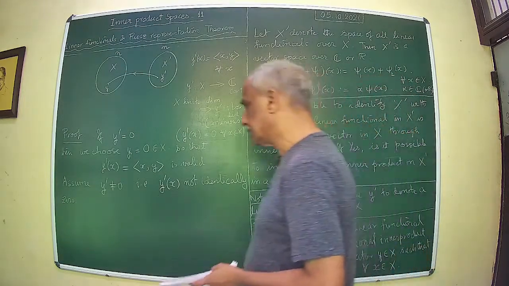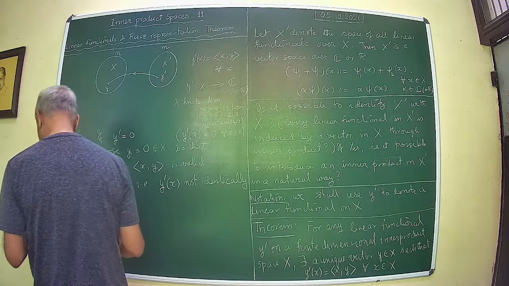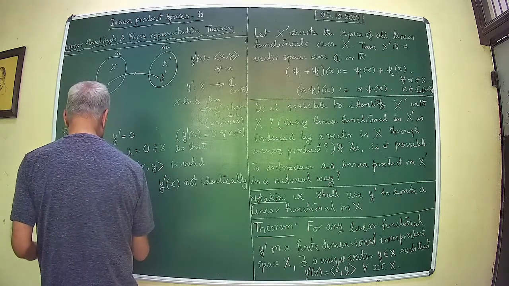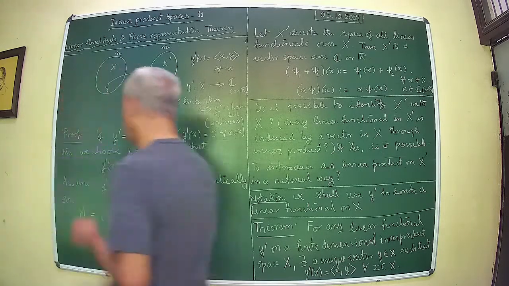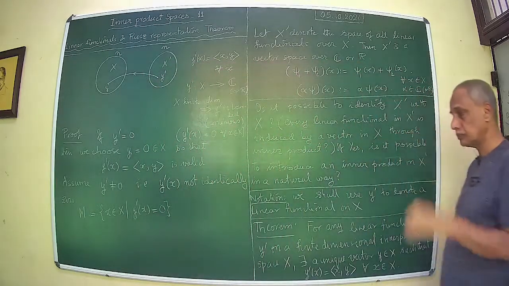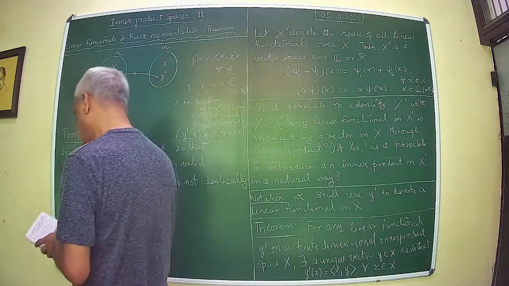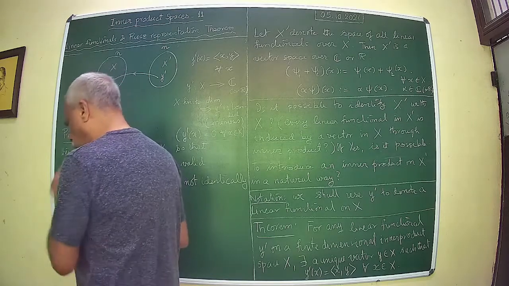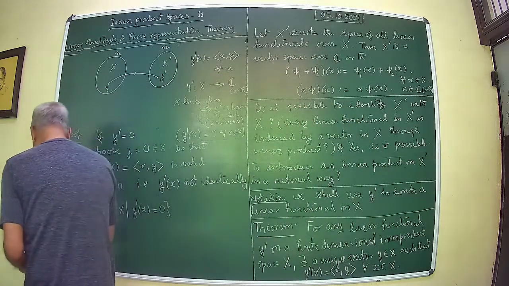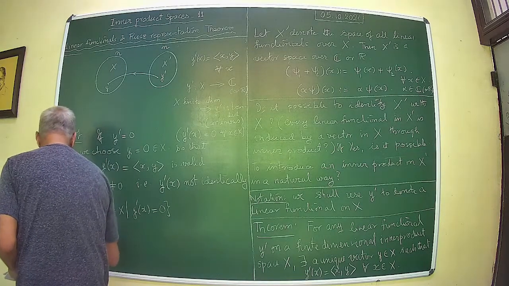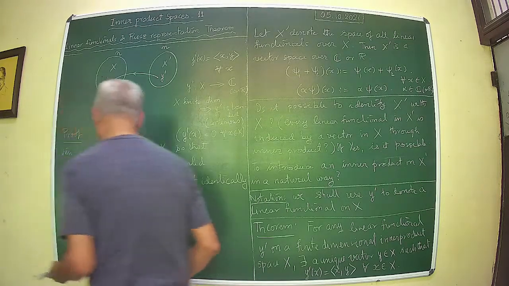So let us define M as the subspace, the set of all x belonging to X for which y prime of x equals 0.